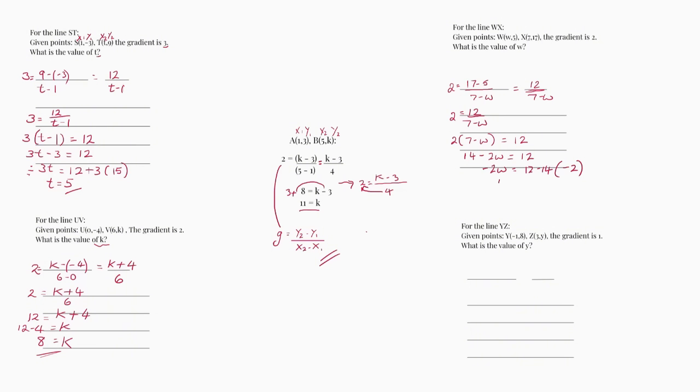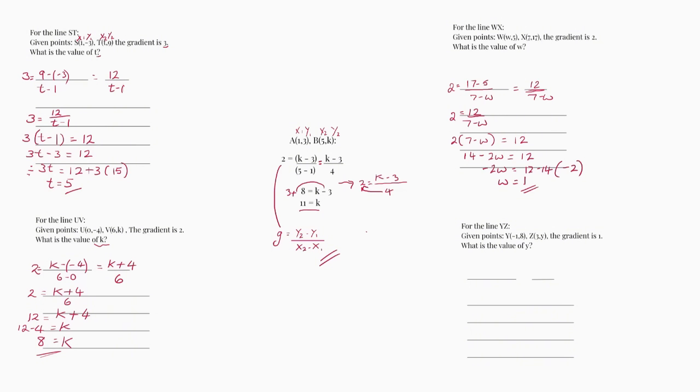And then when we divide minus 2 by minus 2, it becomes a plus, and our answer is 1. So w equals 1. And then finally, have a go at it yourself, this one. If not, carry on with me.